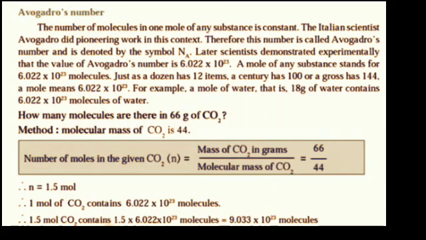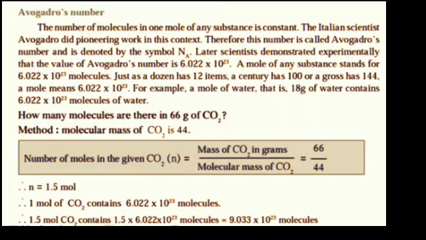Next topic is Avogadro's number. Now, what is this? The number of molecules in 1 mole of any substance is constant. And this was discovered by the Italian scientist Avogadro, and therefore this number is called Avogadro's number.